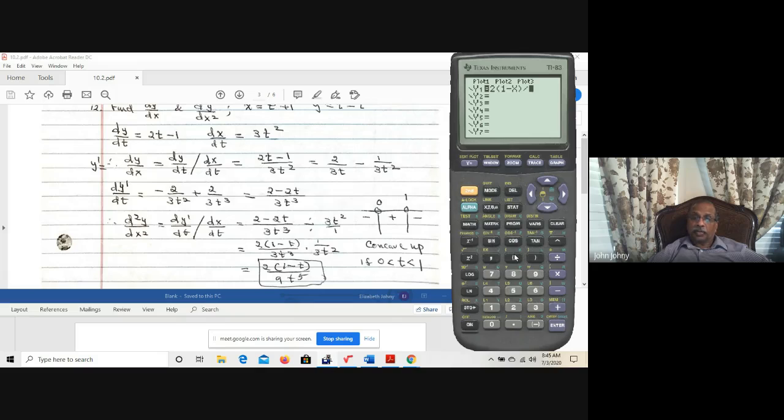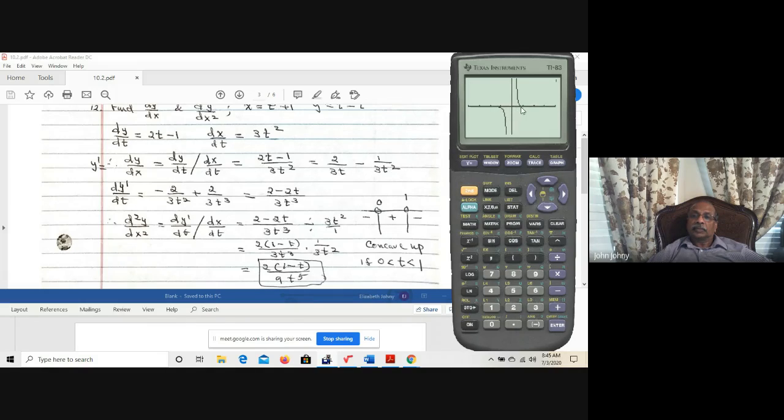Remember, the whole denominator must be in parentheses: 9x to the 5. Graph it. I think you have to set the window. Let it be from negative 4 to positive 4. And let us see how the graph looks.